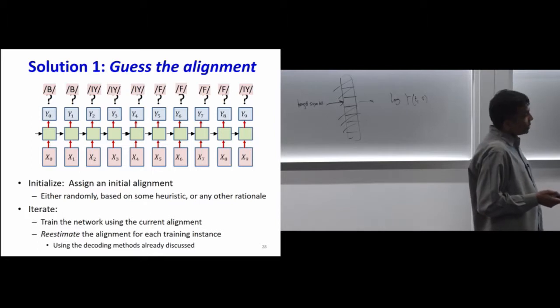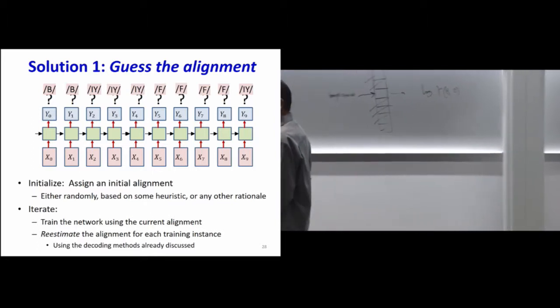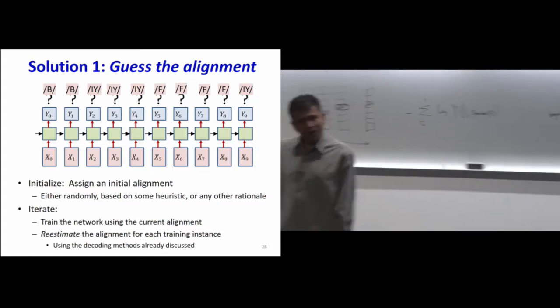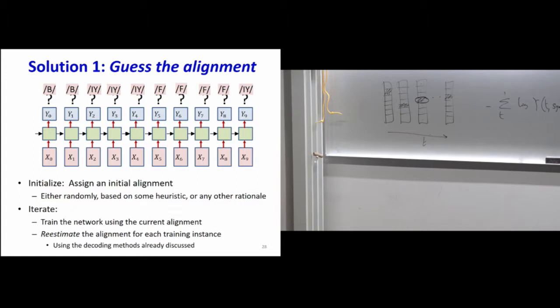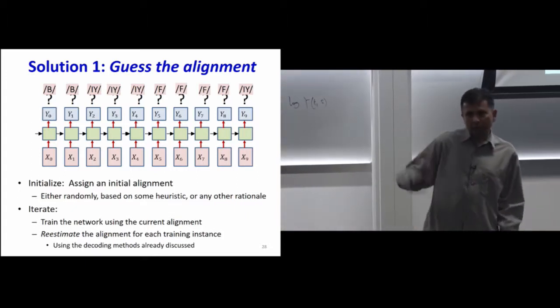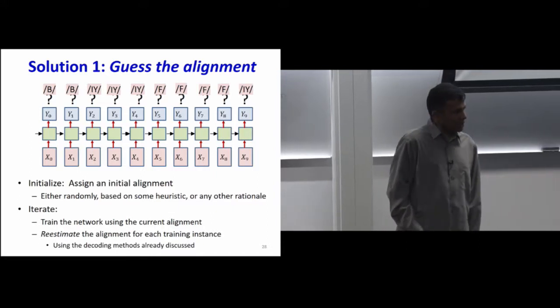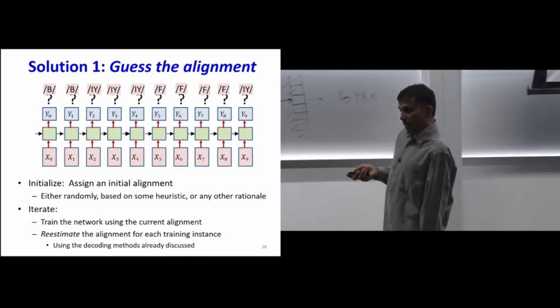So what you can do, something along that line, I can just arbitrarily assign an initial alignment, right? Saying this is how it's aligned, either randomly or based on some heuristic or any other rationale. And then I just train the network using these randomly assigned initial alignments, right? But are these initial alignments going to be correct?